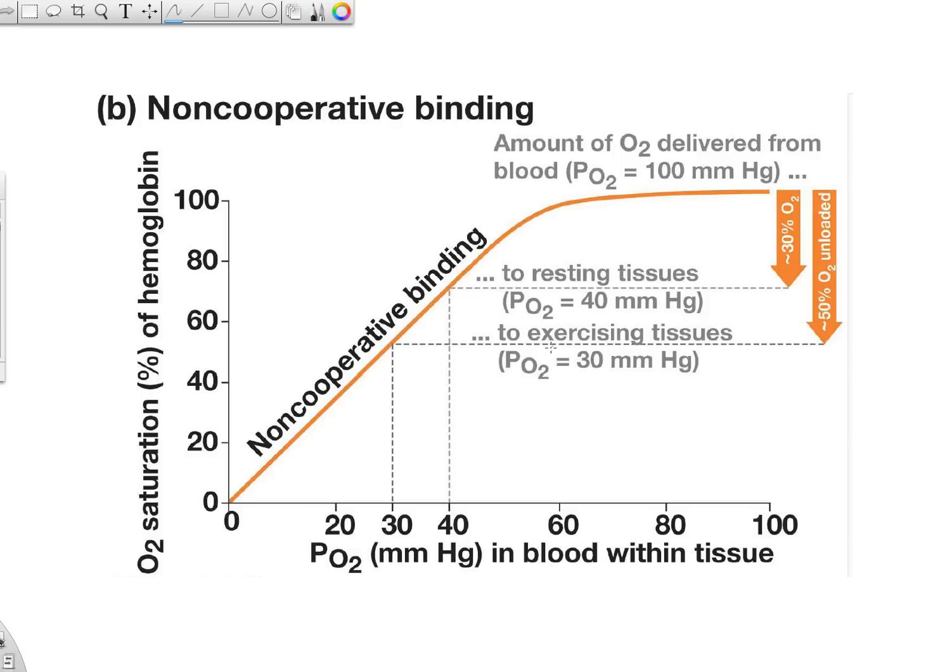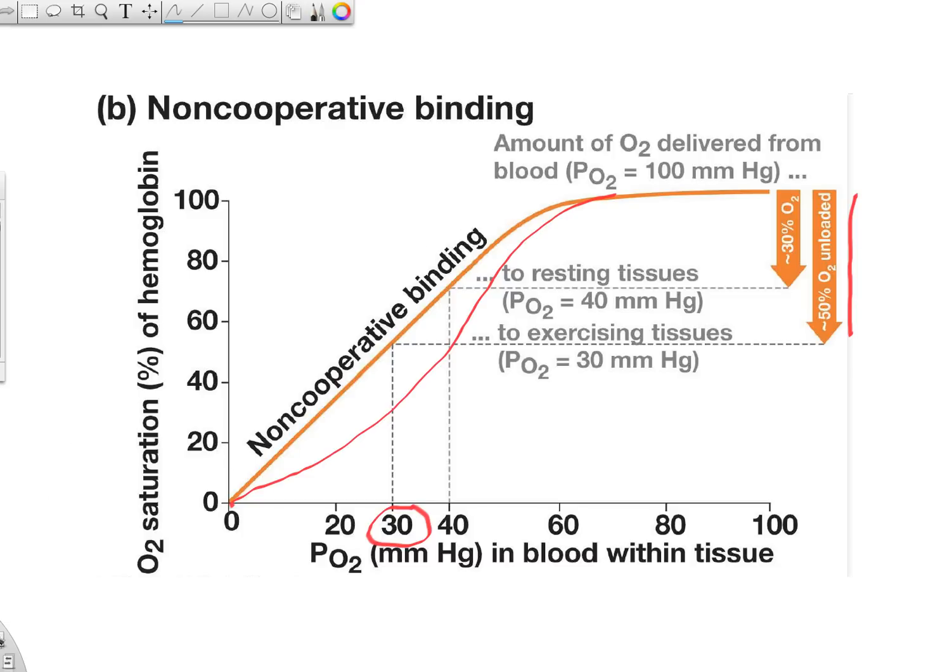And so you'll notice that at the low oxygen concentration associated with heavily exercising tissues, the unload would only be 50%. And so much more oxygen is actually dropped off in a cooperative kinetics situation than would be if there was an always high affinity state to this hemoglobin.